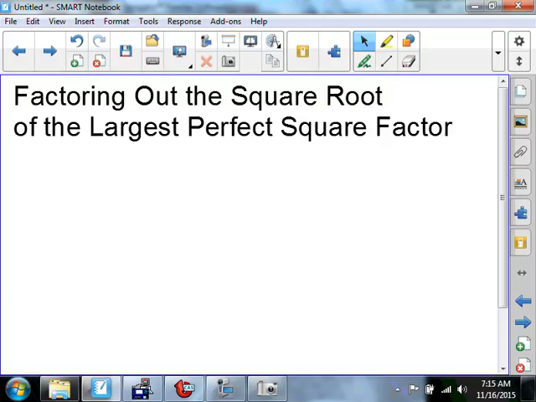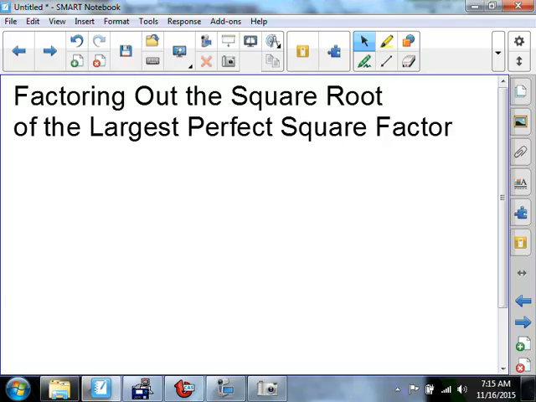I've never referred to simplifying radicals in this way, but in the context of factoring, the fact that we know how to factor out a GCF, I think this is going to make a lot of sense, and it's really going to hit home with you. So again, it should be called factoring out the square root of the largest perfect square factor.